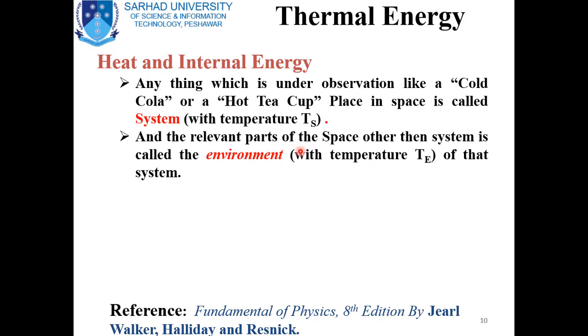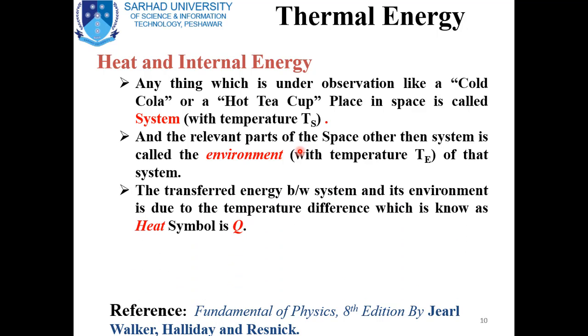Our observation is that if the temperature of the system is not equal to the temperature of the environment, then the temperature of the system will change until the two temperatures are equal, and thus thermal equilibrium is reached. So the transferred energy between the system and its environment due to the temperature difference is known as heat.